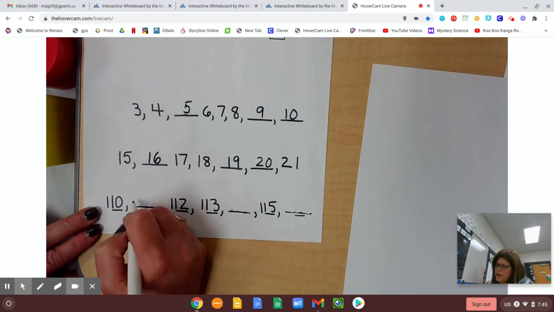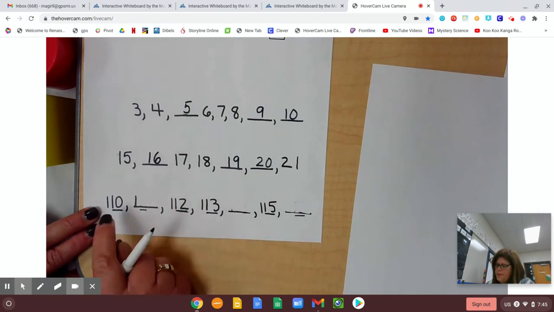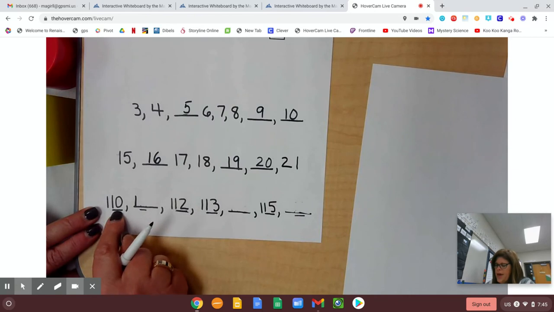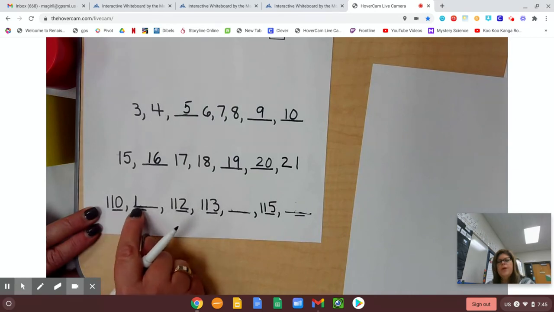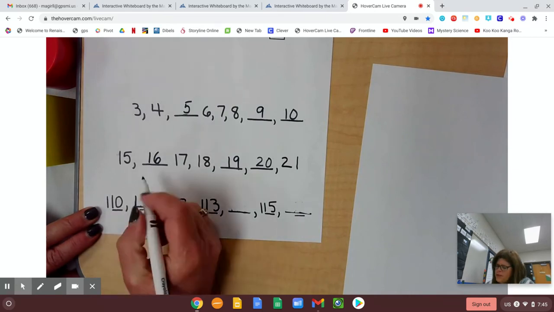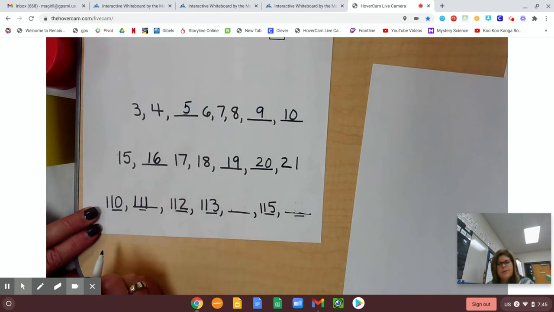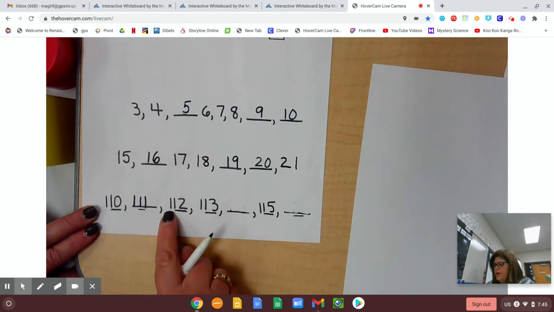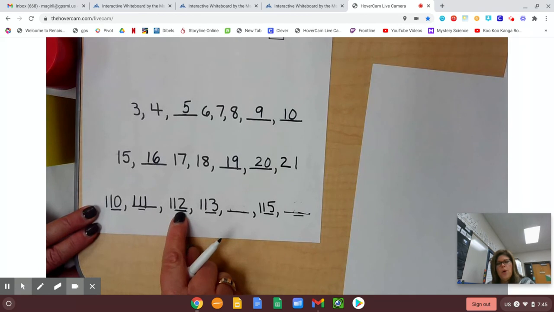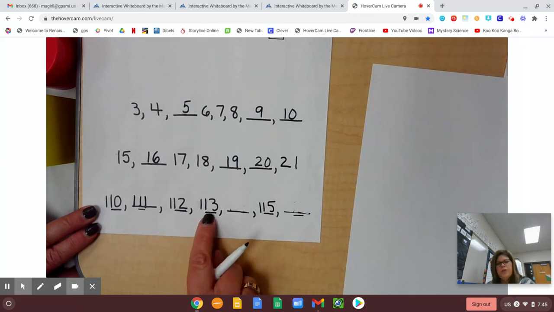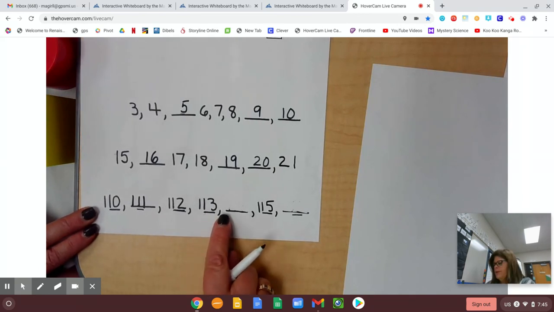So since these are 100s, I'm going to start with a 1. And after 110, it should be 111. And I just make my 11. Then 1 followed by 12 is 112. 1 followed by 13 is 113. Follow the pattern and get the next number.